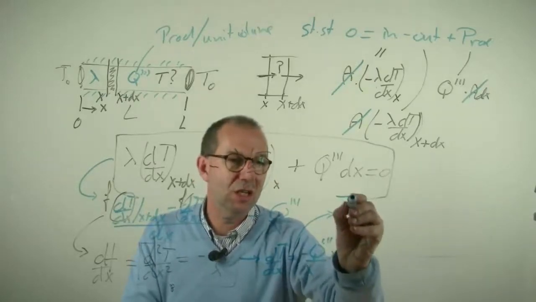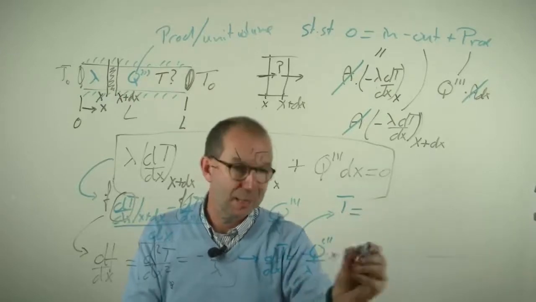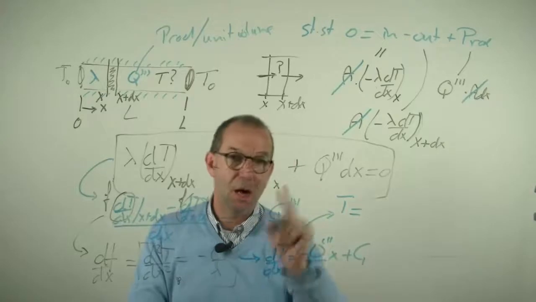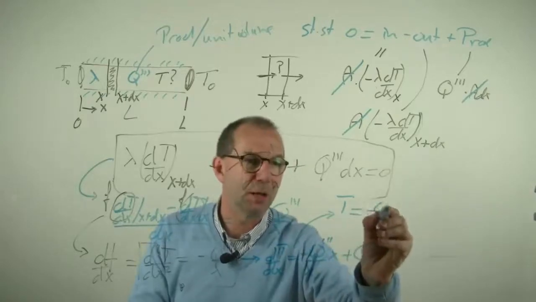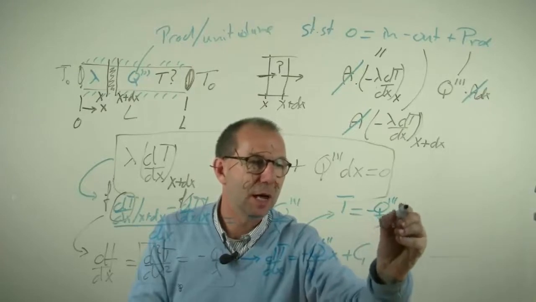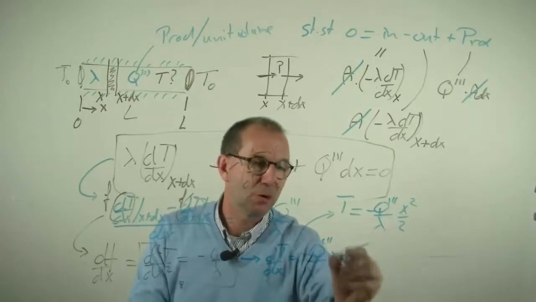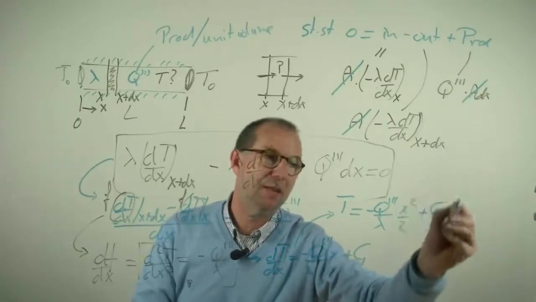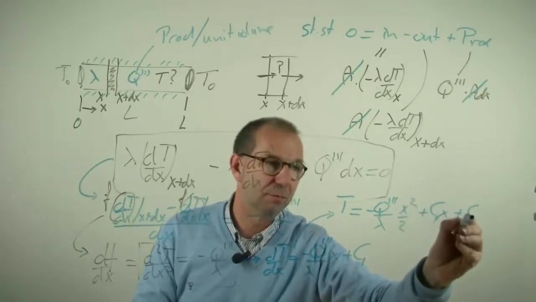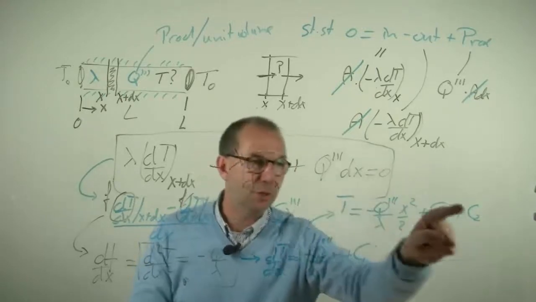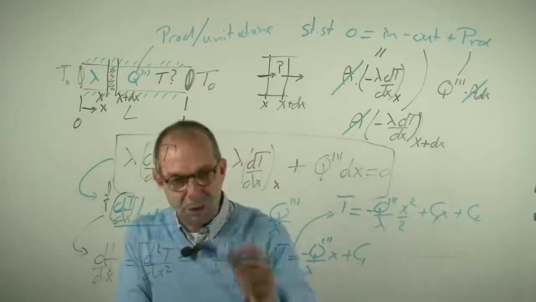Integrating x gives me half x squared. So this term becomes minus q triple prime over lambda, x squared over 2. Integrating c1 with respect to x gives me c1 x, and I shouldn't forget that integration gives me another integration constant, c2. Here you have the general solution of this equation.